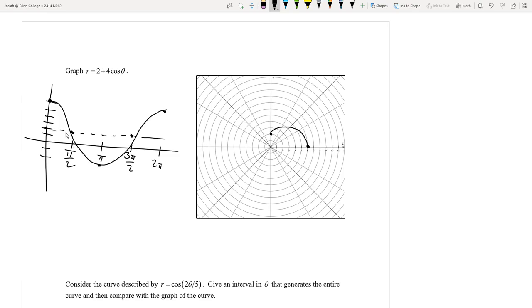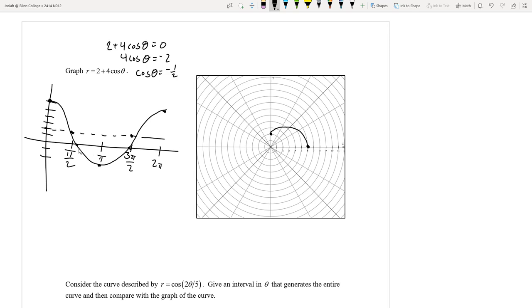Then we end up with some little distance here, and all of a sudden our r goes negative. So it might be helpful to pick out where this graph hits that axis. So that's where 4 cosine of theta is -2, so cosine of theta is -1/2.